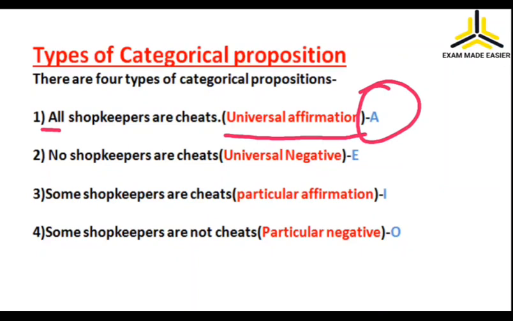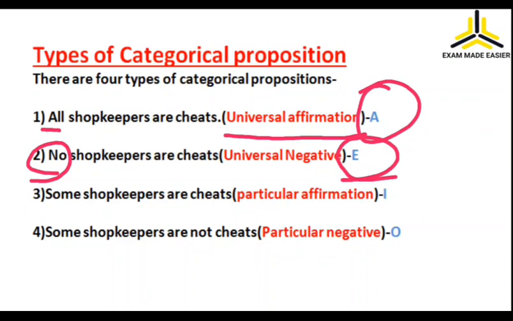And secondly, we are using no shopkeepers are cheats in the second statement. Now no shopkeepers are cheats, that means we are using here the second type, that is universal negative. As we know, no means negative and it comes under universal term, so we will call it universal negative. And here we will use E for this.